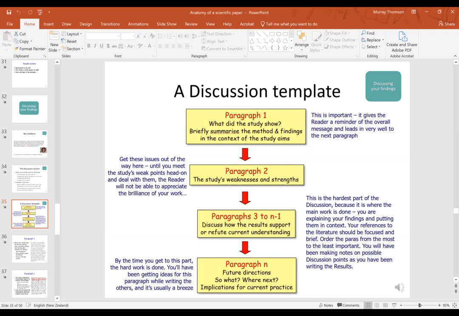That sets out and describes this discussion structure. It's a really good one to use. I always use this for my discussion sections because it keeps me on the straight and narrow. It's a brilliant template. So take a screenshot of this and look up that BMJ paper, and you'll find it very, very useful.